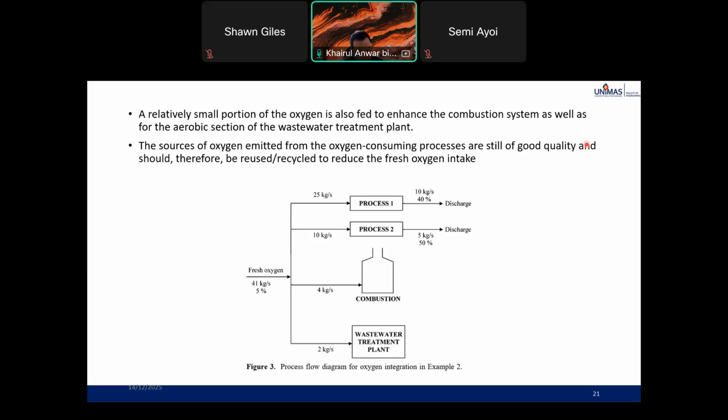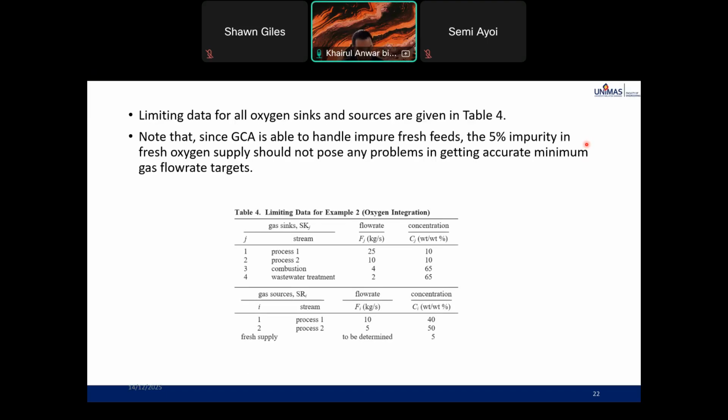Limiting data for all oxygen sources are given in table 4. Noted, since GCA is able to handle impure fresh gas, the 5% impurity in the fresh oxygen supply should not pose any problem in meeting the minimum gas target.